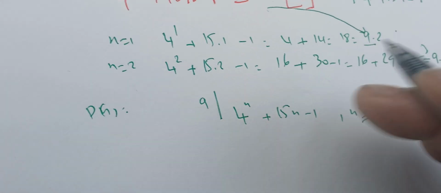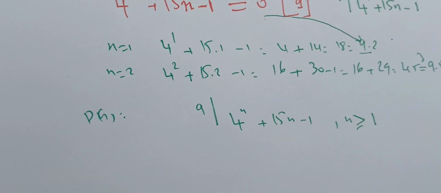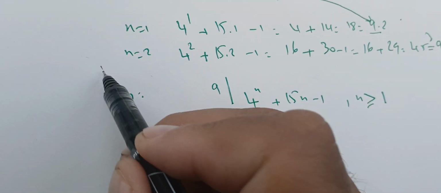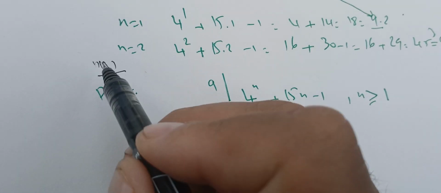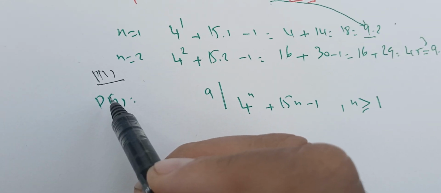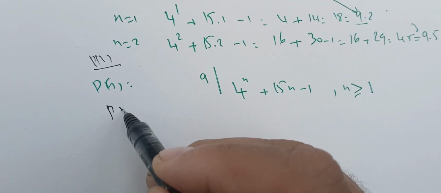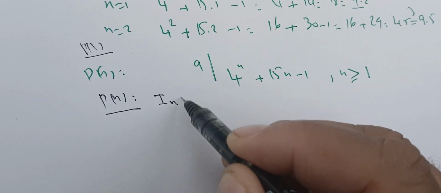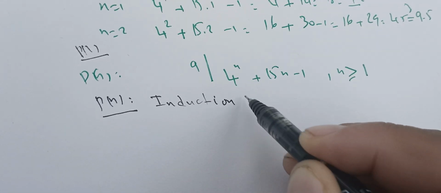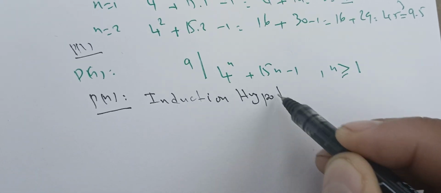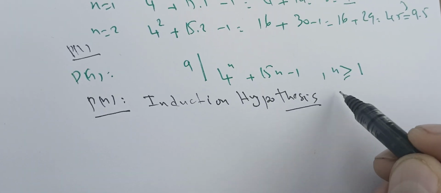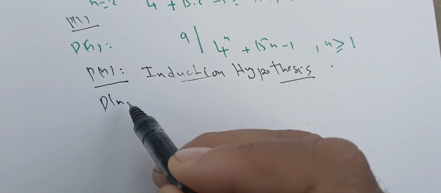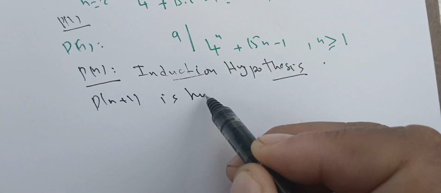In the principle of mathematical induction, we have to check the following. We first make sure that P of 1 is true. After that, we assume that P of n is true for some n. This is the induction hypothesis. We assume this is true, and after that we prove that P of n plus 1 is true.